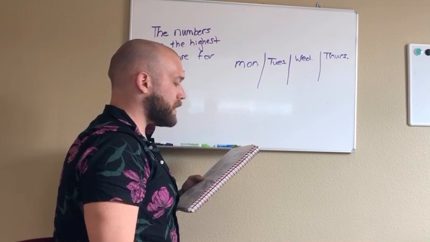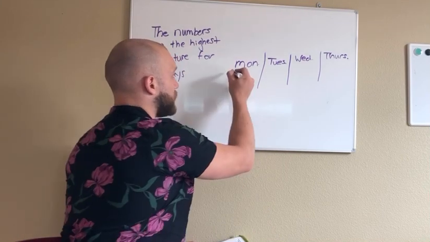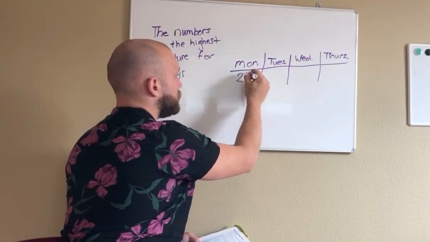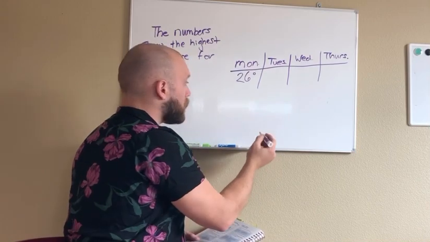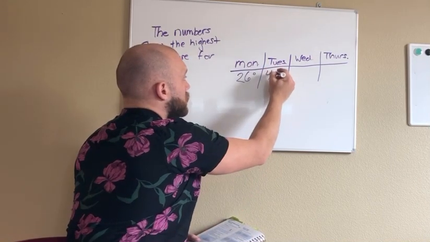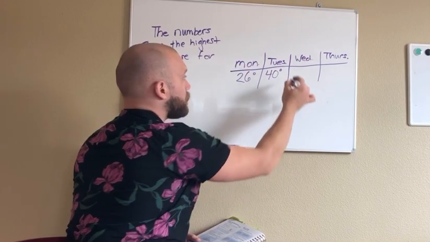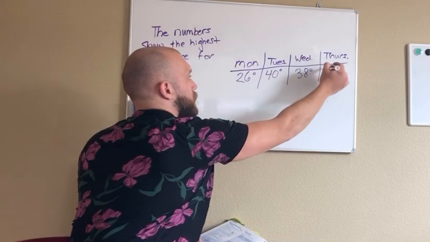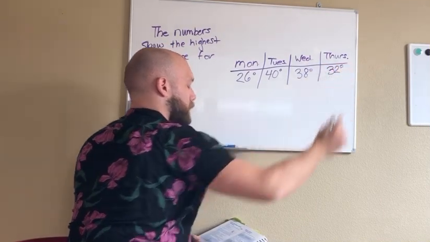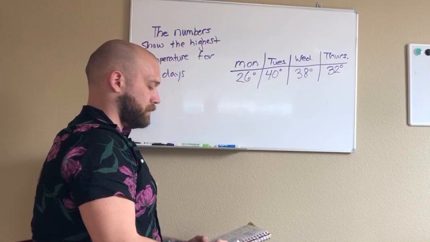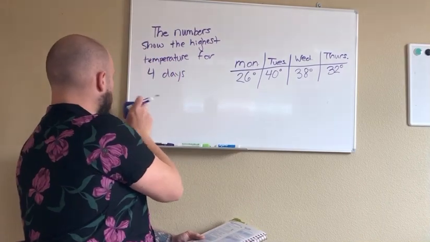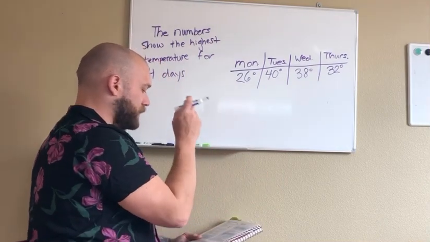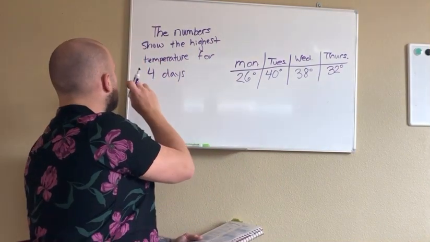Here's a table. The numbers show the highest temperature for 4 days. So for each of those days, we have 26 degrees for Monday, 40 degrees for Tuesday, 38 degrees for Wednesday, and 32 degrees for Thursday. So, our question that we want to ask is, what is the average temperature for these 4 days?